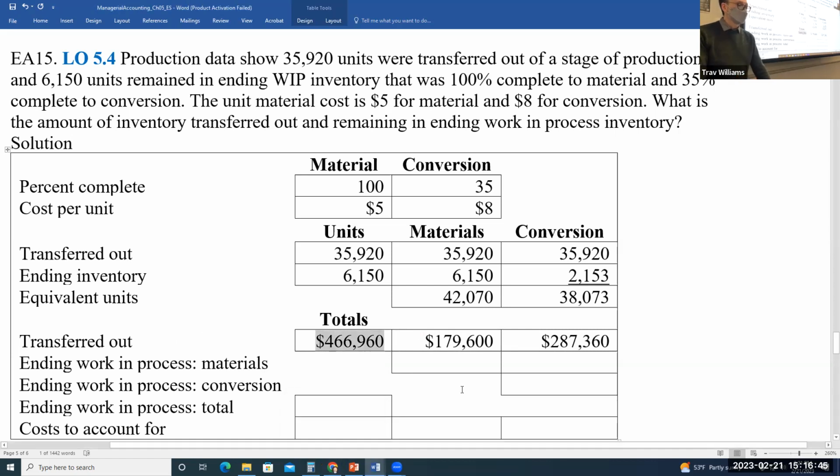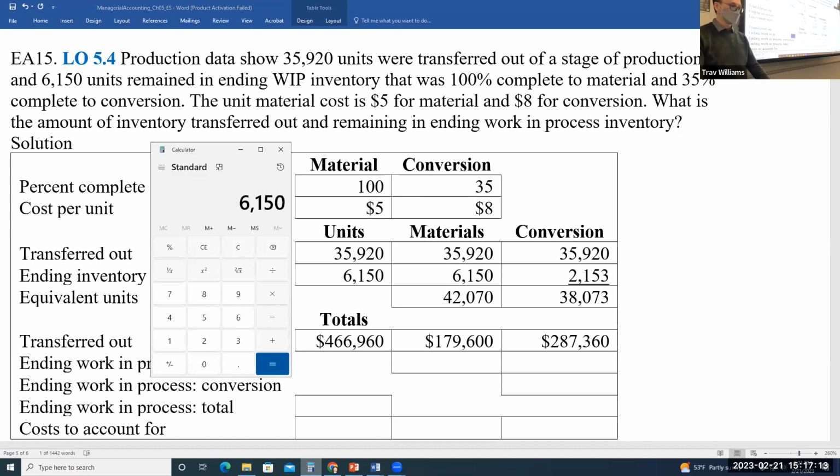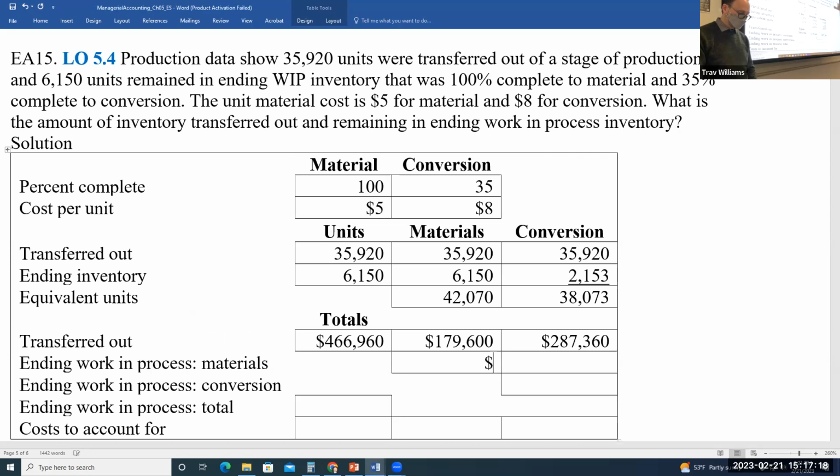So good. Okay, then we need our ending work in process material cost. How do we get that? Materials units, 6,150 times the $5 material cost per unit. 30,750.